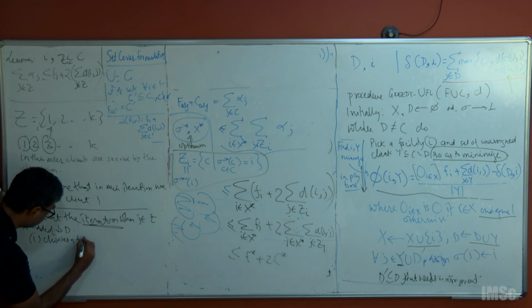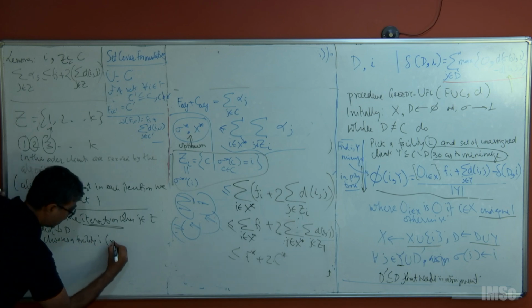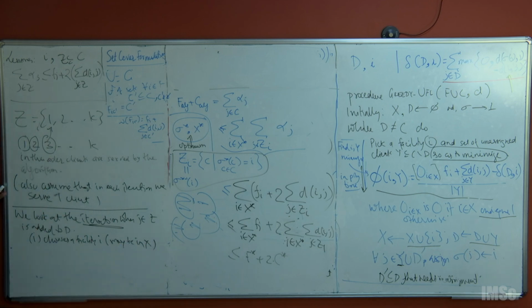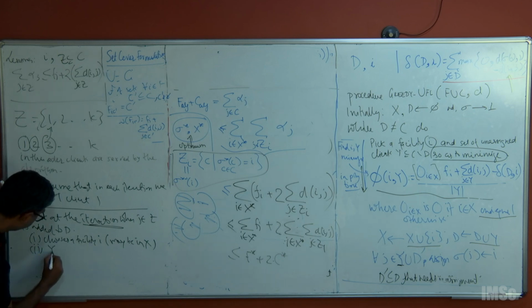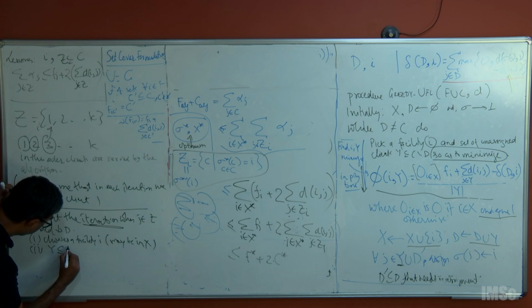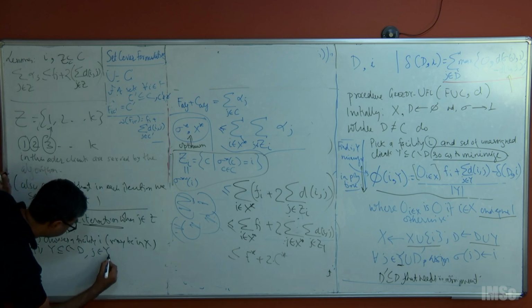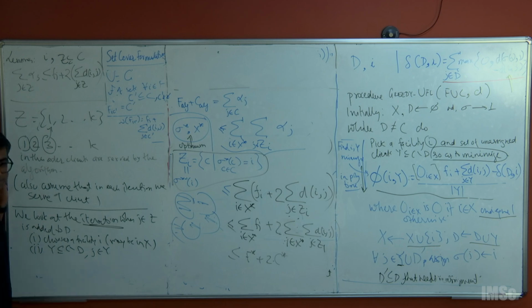It chooses a facility i, maybe in X. Secondly, it chooses some Y subset of C minus D that it plans to serve. Of course, j is in Y, because otherwise, how will it serve j?